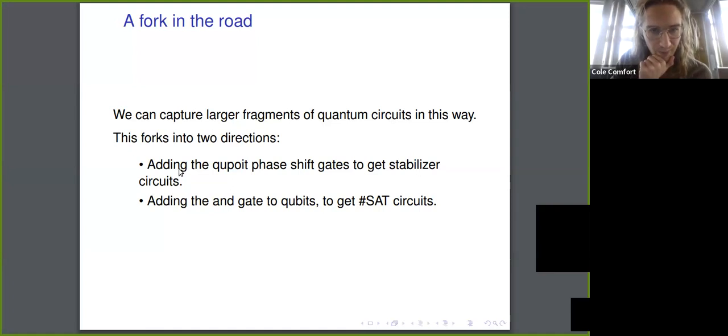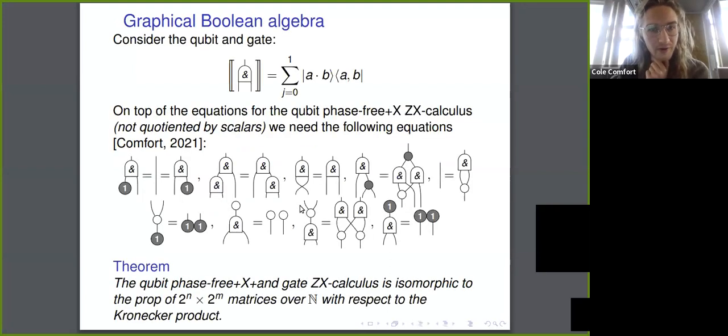And there are two separate directions you can go. One is to add phase shift operations, Fourier transform and things like that, and go into stabilizer circuits. And the other is to add nonlinear stuff and to talk about SAT instances. So I'm going to talk about the latter one first.